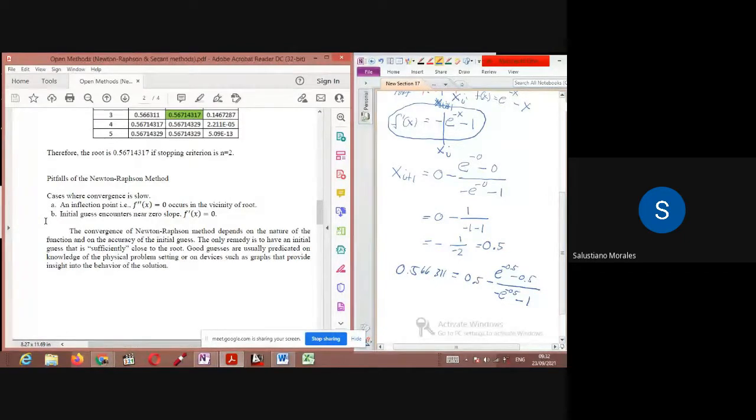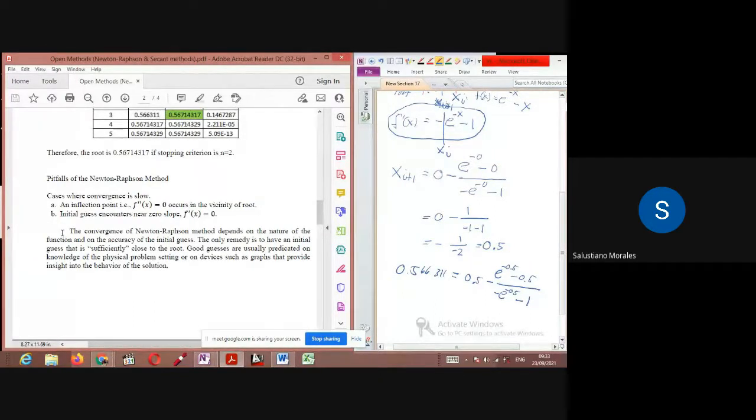So you know now what an inflection point is, okay? That is the part of the curve where it will change its slope, okay? So ipakita natin mamaya. Number two, the initial guess encounters near zero slope, or that is f prime of x equal to 0.